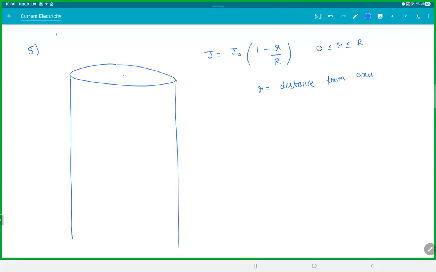So this is a solid cylinder. When r is 0, current is maximum. So maximum current is flowing in the center. As you go outside, the current decreases and becomes 0 here. So find the current in the cylinder.